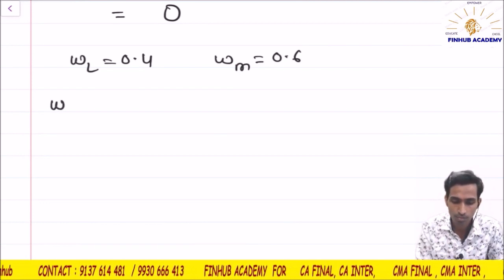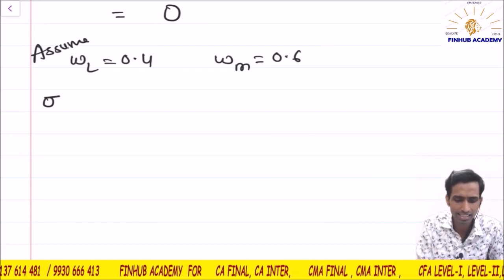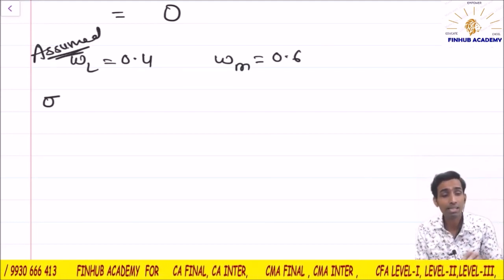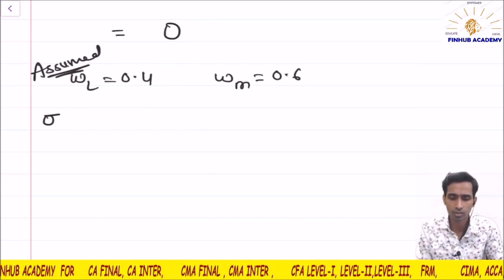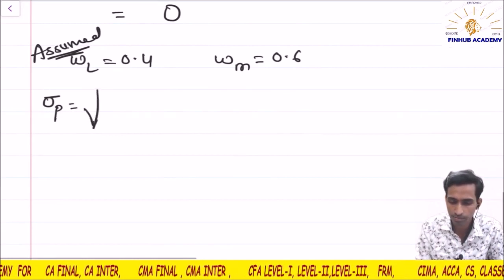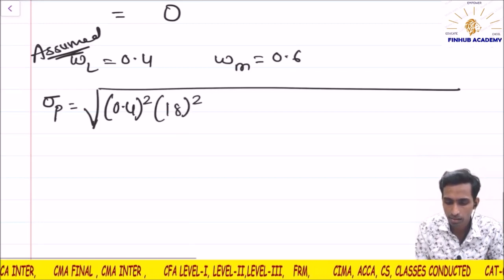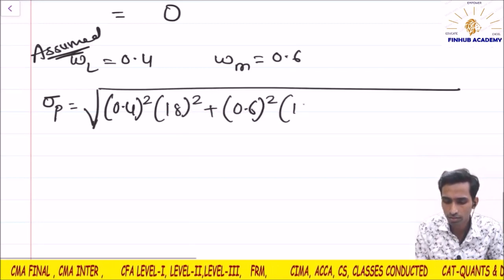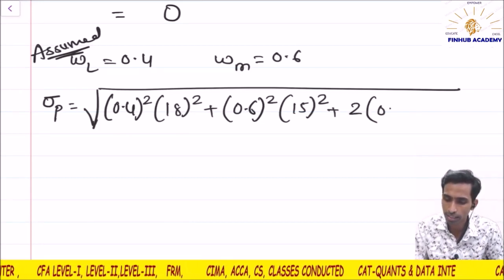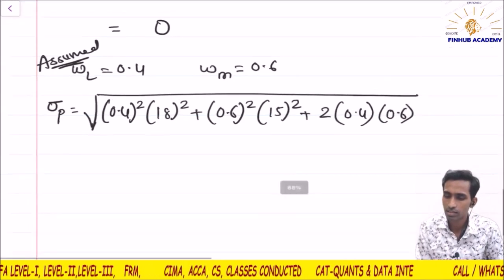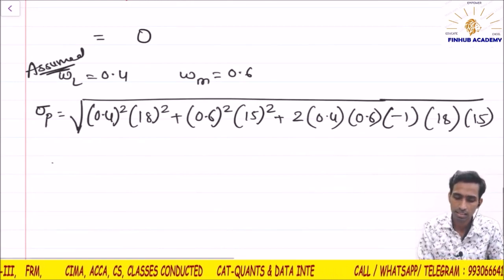Okay, so standard deviation, I have assumed it. You can take any other combination, except that 45 and 54 now. Other than that, any proportion, the risk will not be reduced. So let us check. Under root 0.4 square into 18 square plus 0.6 square into 15 square, correct now, plus 2 into 0.4 into 0.6 into minus 1 into 18 into 15, correct?